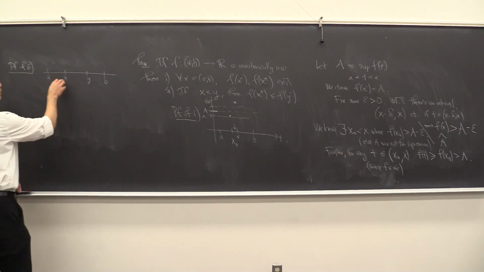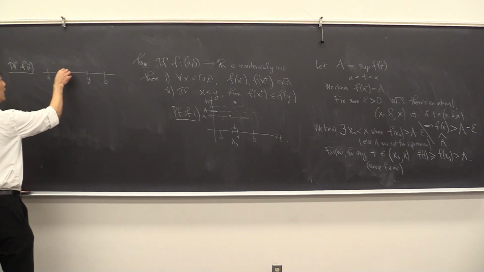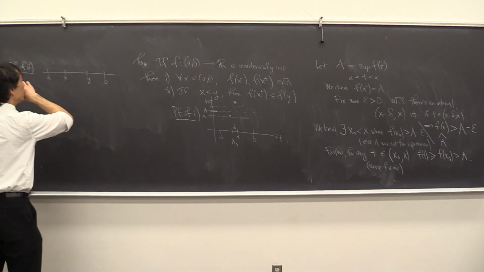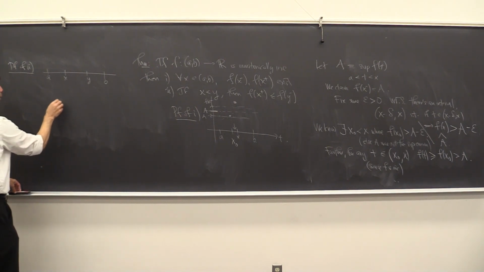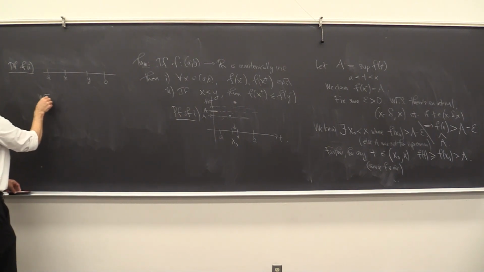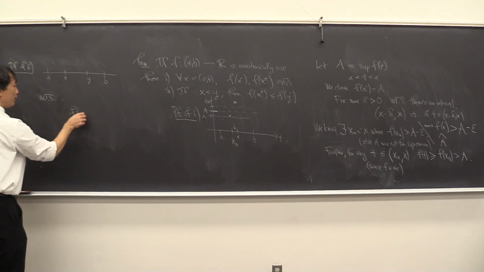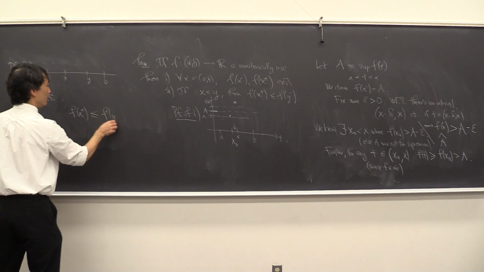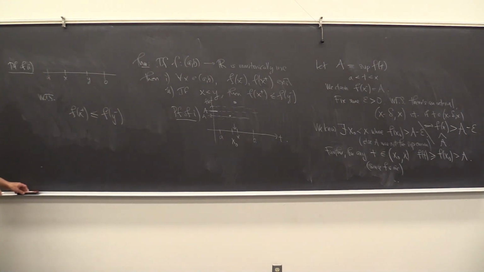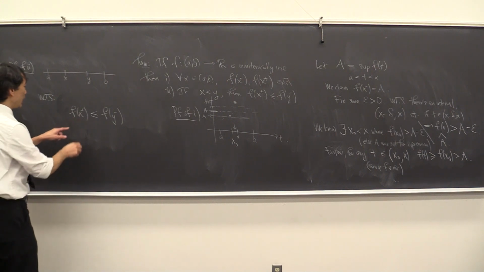The thing to notice is that we want to show that f's limit from the right-hand side at x is smaller than f's limit from the left-hand side at y. So let's think about what these things are.